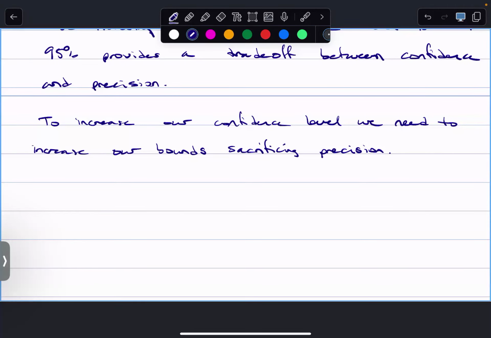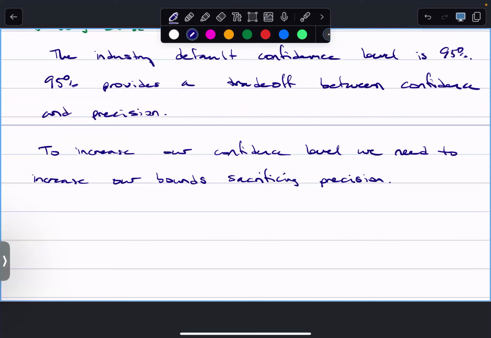However, if you wanted a different confidence level, you're going to have to adjust your critical value. What would you need to do?